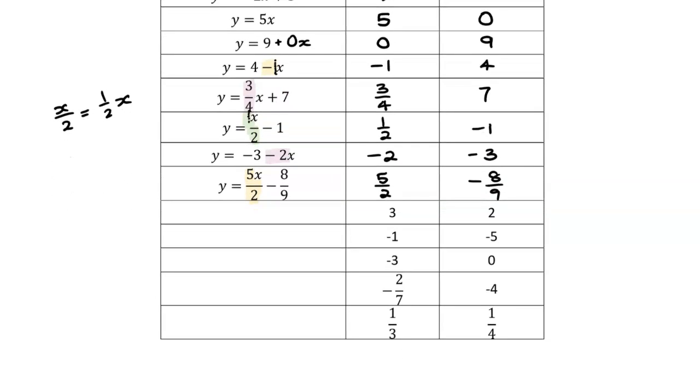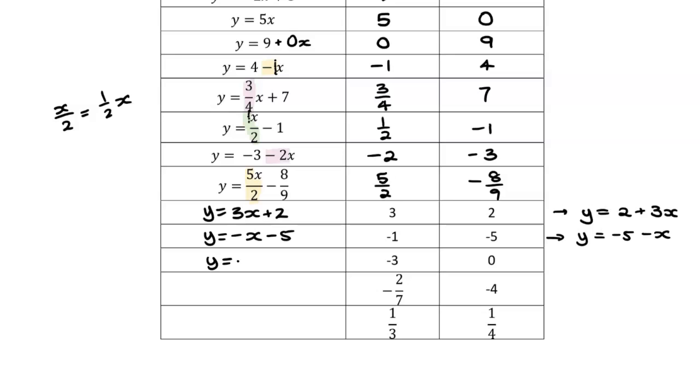In these last examples, we're actually asked to write the equation. So this could be y equals 3x plus 2. If you wanted to be creative, you could also write that as y equals 2 plus 3x. Okay, the next one, y equals minus x minus 5, or if you wanted to be creative, y equals minus 5 minus x.